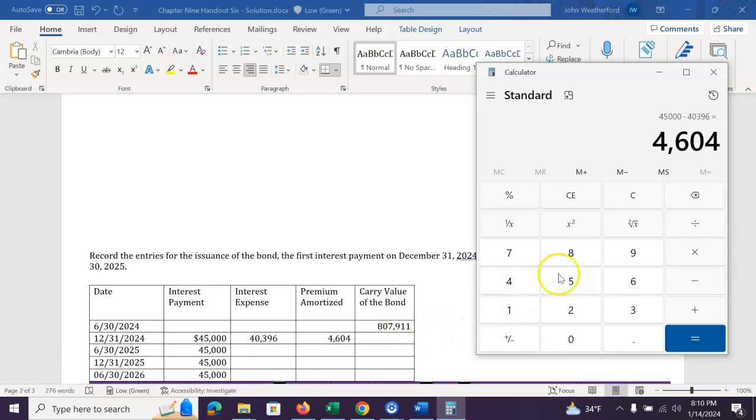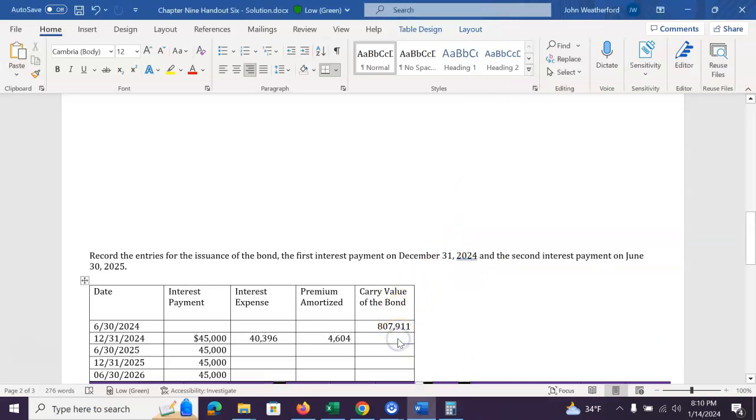Okay, so here we'll subtract the 4,604 from 807,911. And we get, that's incorrect. Okay, we get the wrong answer. 807,911 minus 4,604 is $803,307.